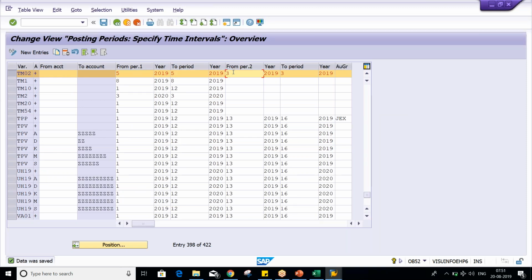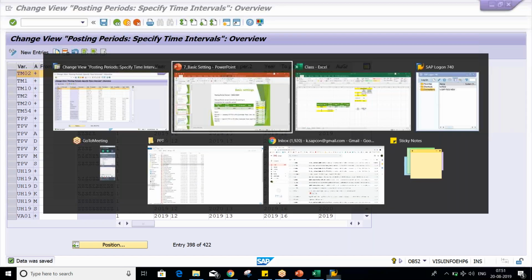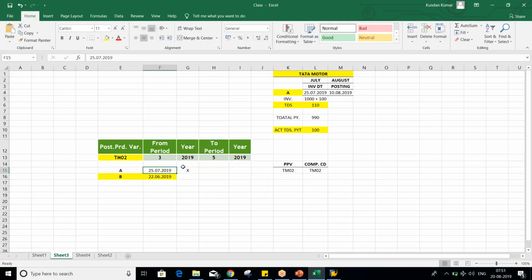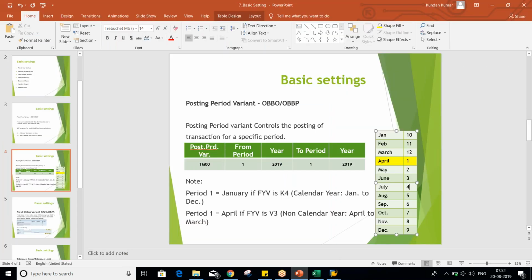Then we are having one more period which is open in from period 2, so that is also third only. Where is fourth? Fourth is not there, so it means this fellow will not be able to post the transactions. Then again, he also has to approach the management, accepting the mistake, and then what will happen? Management can open anywhere.